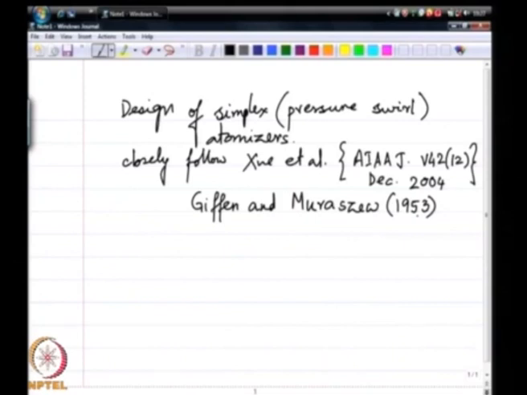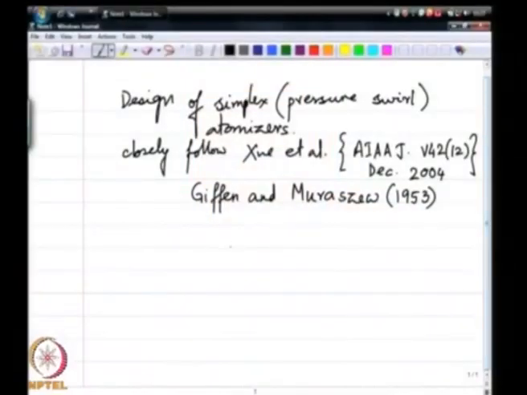This is a classic paper where the first design process for a simplex atomizer was presented. Now, let us first draw a schematic of what it is that we are talking about.